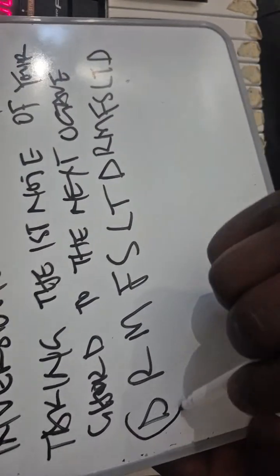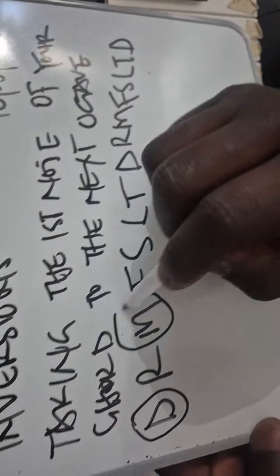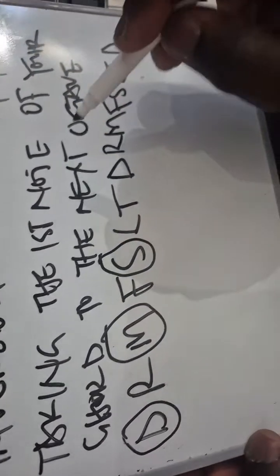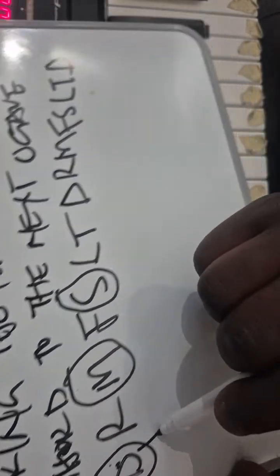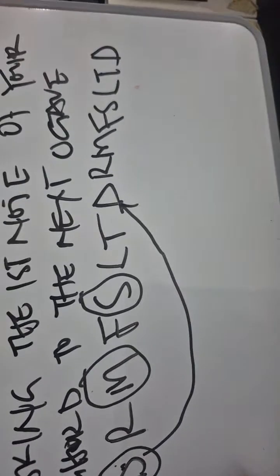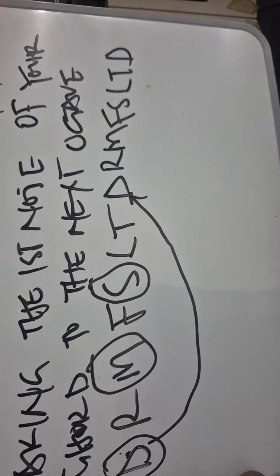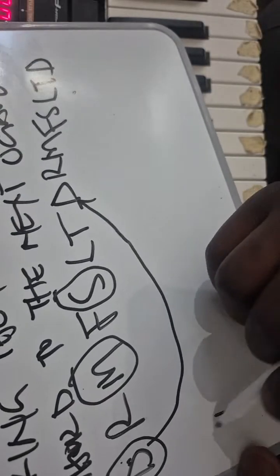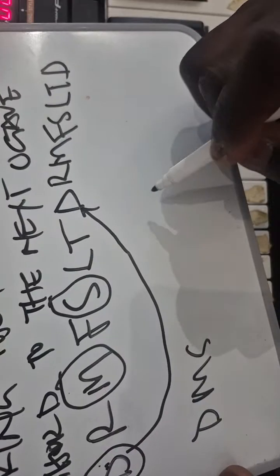So now, inversion is when you're playing, remember 135 is our major chord. When you're playing do, mi, so, and now you take this and switch it over to here. So you have inverted this chord. Now instead of playing do, mi, so, which is our root position, we change it to mi, so, do.